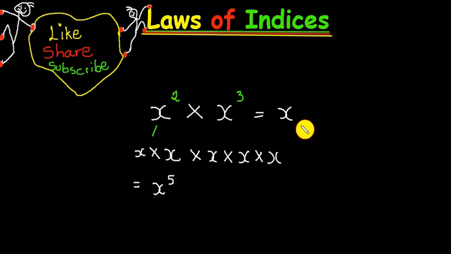So 2 plus 3, and here we have x to the 5th power. And if we notice, it's the same. And this brings us to our first rule. Our first rule states that when the bases are the same, we simply add their powers rather than expanding it like this.